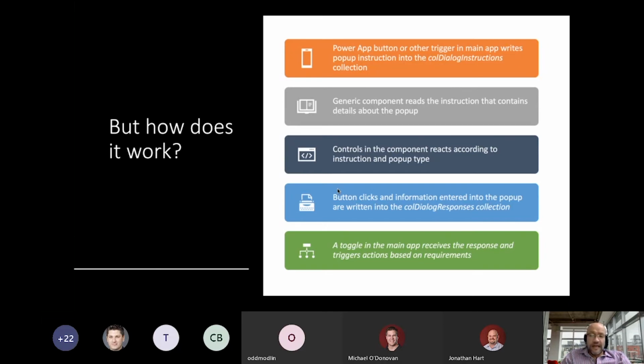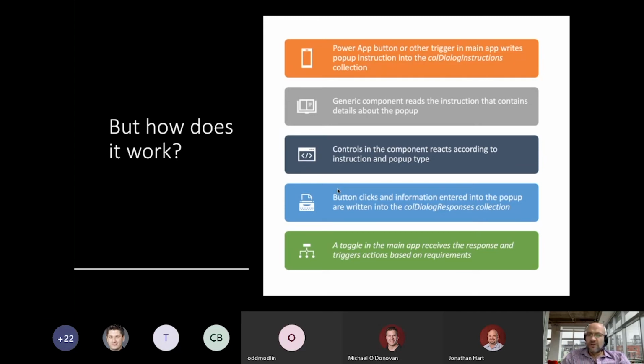Then when the user actions the pop-up and selects the user from an address list or types in information, that information gets written back into another collection, which then gets passed back to the main app. And that sounds very complex. It's actually not that complex, and it's also very fast. I'll show you in a second that there's no delay in this, and you actually don't know that it's doing all of these things in the background.